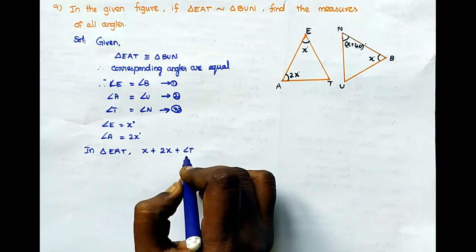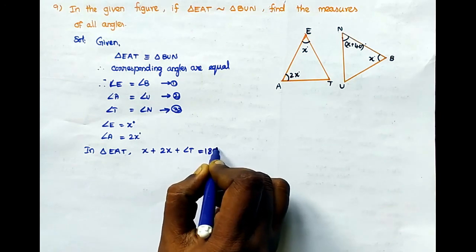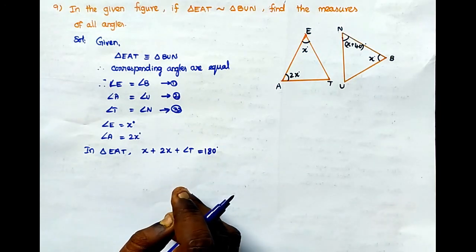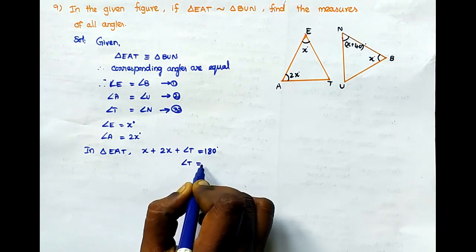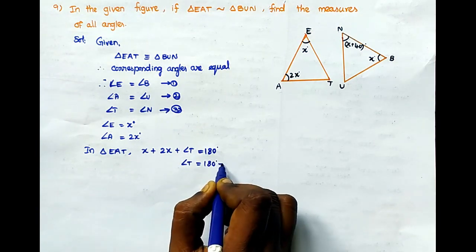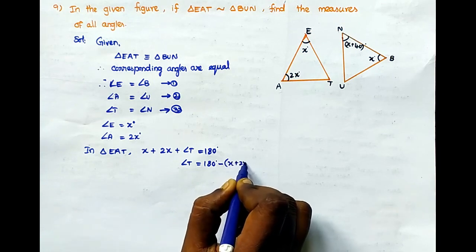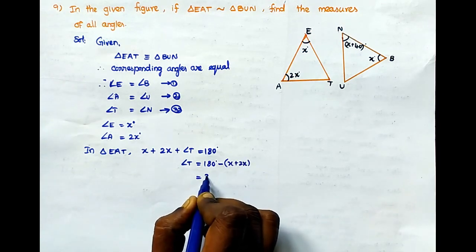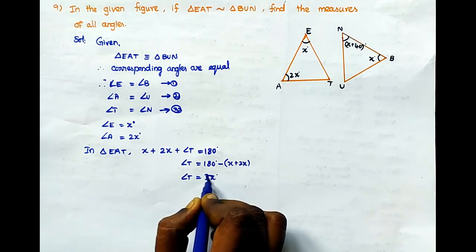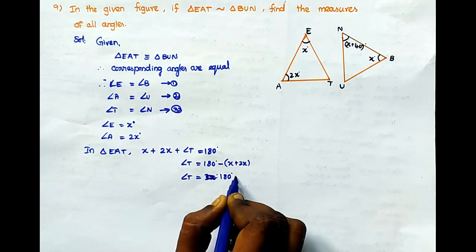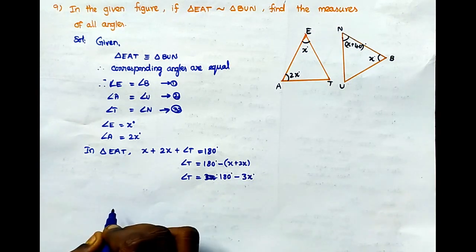Angle T we don't know, so add means we get 180 degree, because sum of three angles of a triangle is 180 degree. Here angle T equal to 180 minus x plus 2x, that is 3x degree. Angle T equal to 180 minus 3x degree.